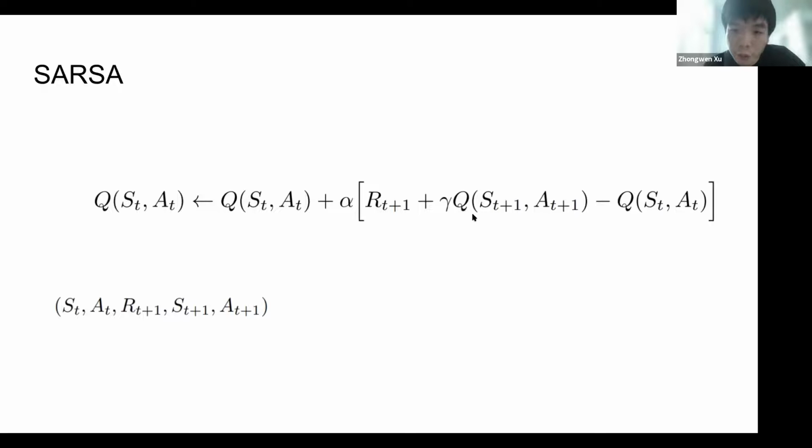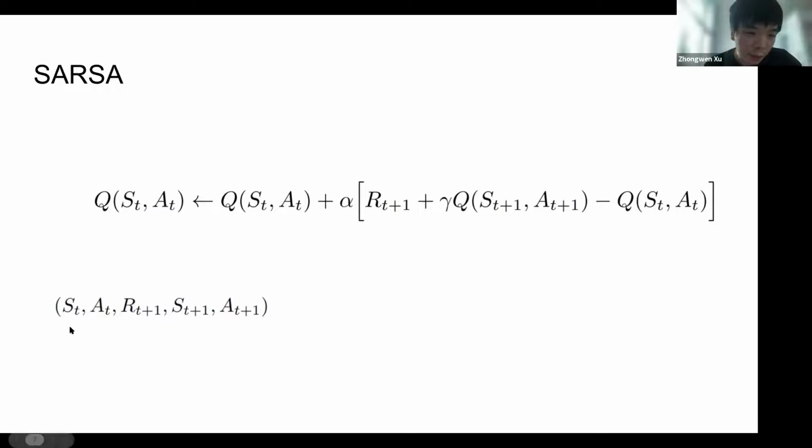So the learning of the Q values here is also based on bootstrapping. The learning of the current Q value at the current time step t of the state s_t and the action a_t is based on the estimation of the Q values of the next time step, s_t+1 and a_t+1. Similarly, you use the discounted sum of the future reward plus the discounted estimation of the Q values of the future state and future action, and update your current Q values towards that.